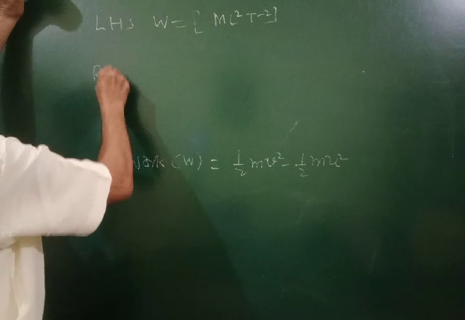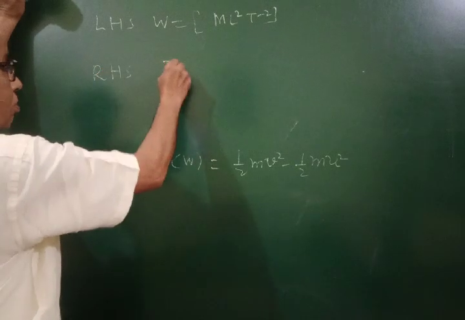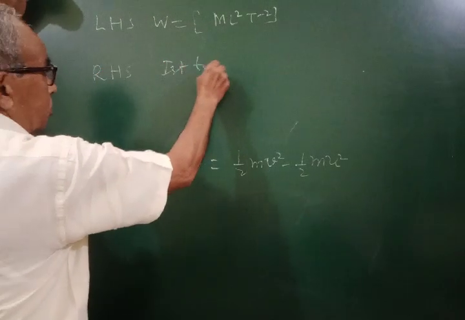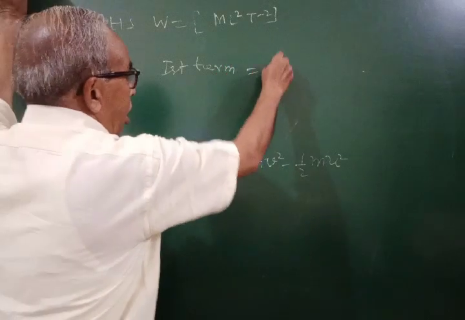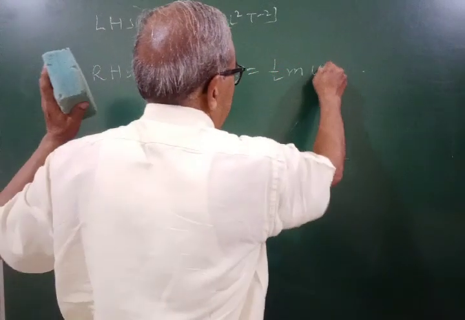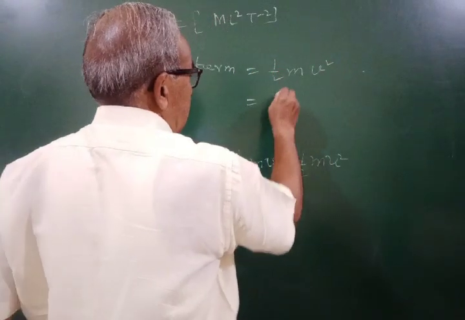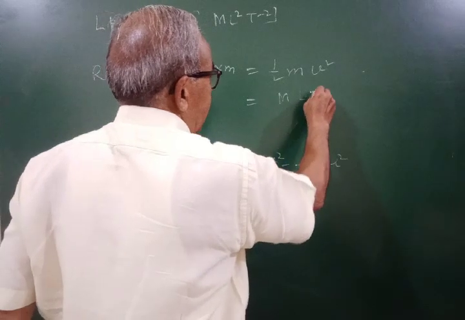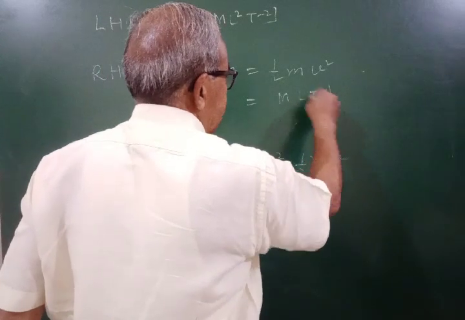And on the right hand side, the first term has half mv square. Numbers are dimensionless. It is M, it is (L T^-1) square.